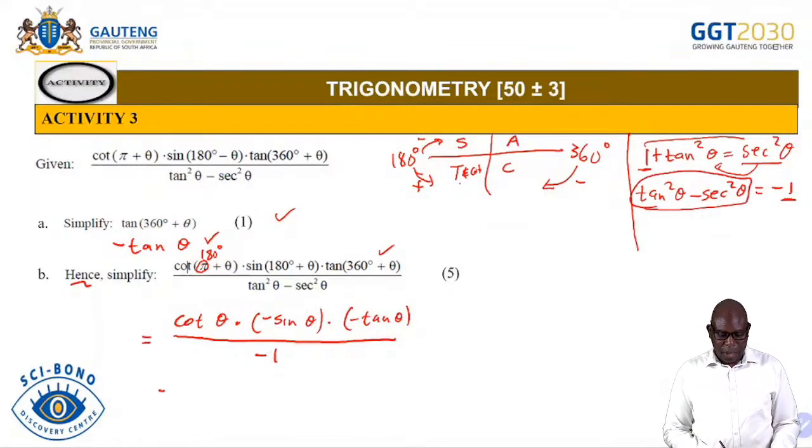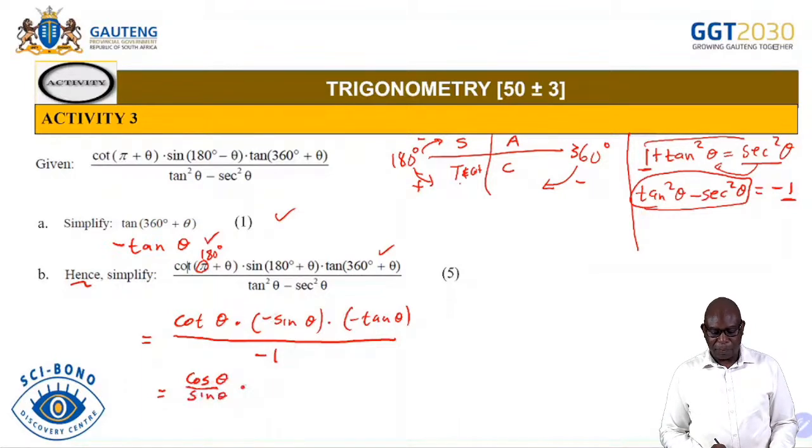Now cot, I know it's going to be cos theta over sine theta. Sine is going to be the negative, and the negative is a positive, so I'll write it as sine of theta. Tangent, I'll write as sine of theta divided by cos of theta.